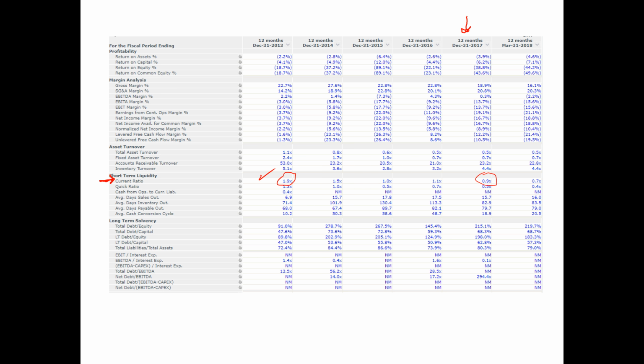Also, if you look at average days inventory, so let's see, this past year, 80 days. So it took them 80 days to build their cars, for example, and then get them out the door to their customers. Compare that with 2 years ago, that was 113. Years ago, that was 130. So they're getting their inventory out the door much faster.